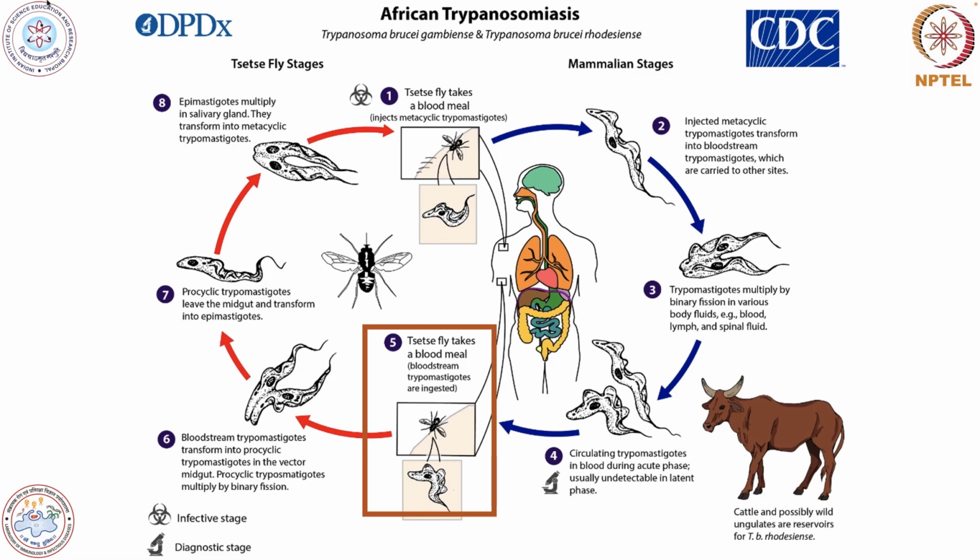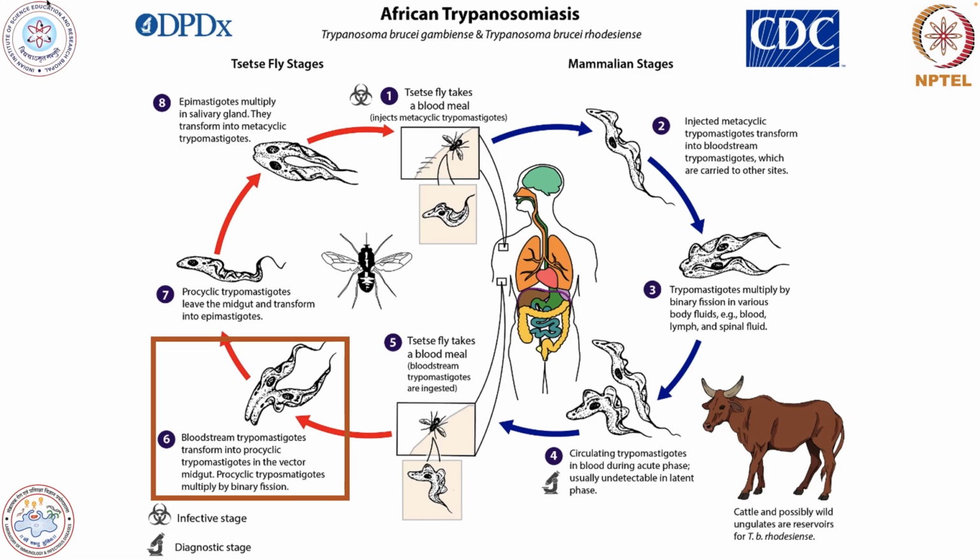Now you can see the life cycle in the fly. In the fly's midgut, the parasite transforms into procyclic trypomastigotes, which multiply by binary fission.